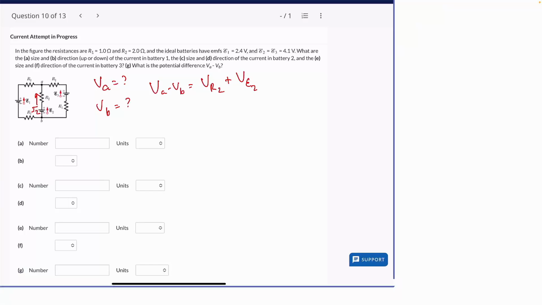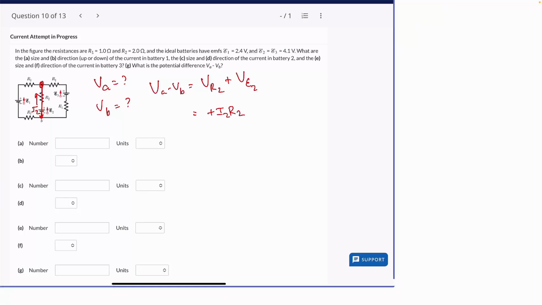So we know that current. If we go from A to B, we're going that direction through here. It's kind of like following a loop. My loop direction and my current direction are in the opposite direction. So what do I write? Plus I2 R2.